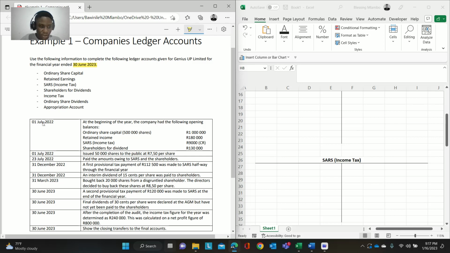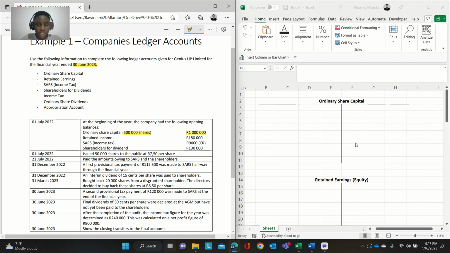So they say on the 1st of July 2022, which is the beginning of the financial year, the company had the following opening balances. In terms of ordinary share capital, they had 500 shares in issue and the value of the shares was 1 million rand. Remember we said the ordinary share capital account is an equity account, meaning that it increases on the credit side, so its balance will always be on the credit side.